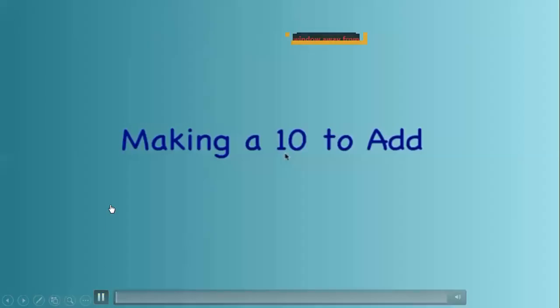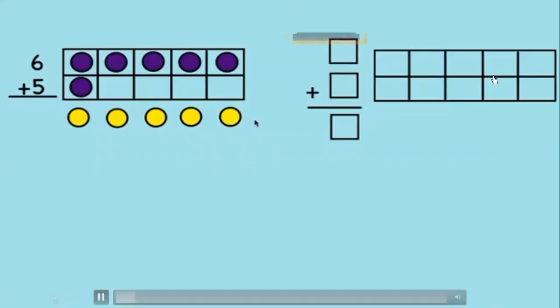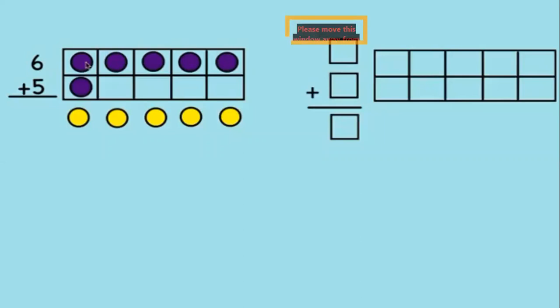In this video, we're going to talk about making a 10 to add. Let's start with a problem. 6 plus 5. I have 6 dots in my 10 frame and 5 under my 10 frame. When I use a 10 to add, the first thing I have to do is fill in my 10 frame. So I'm going to start with the 6 that are in it already.